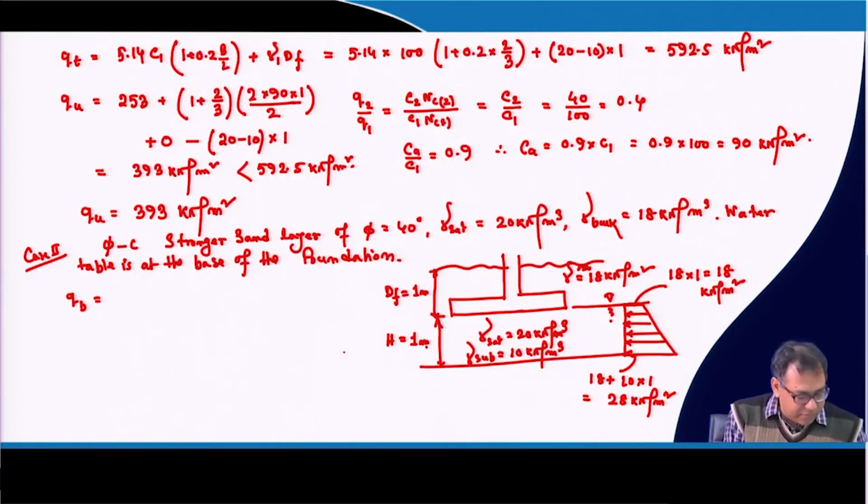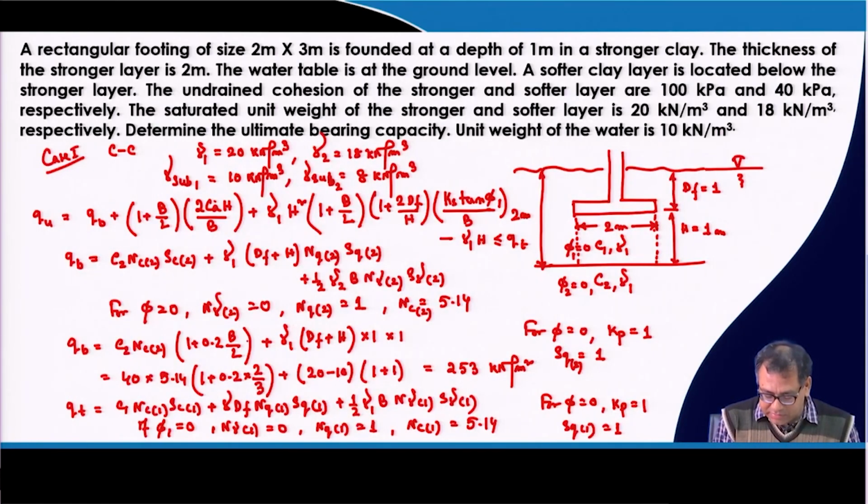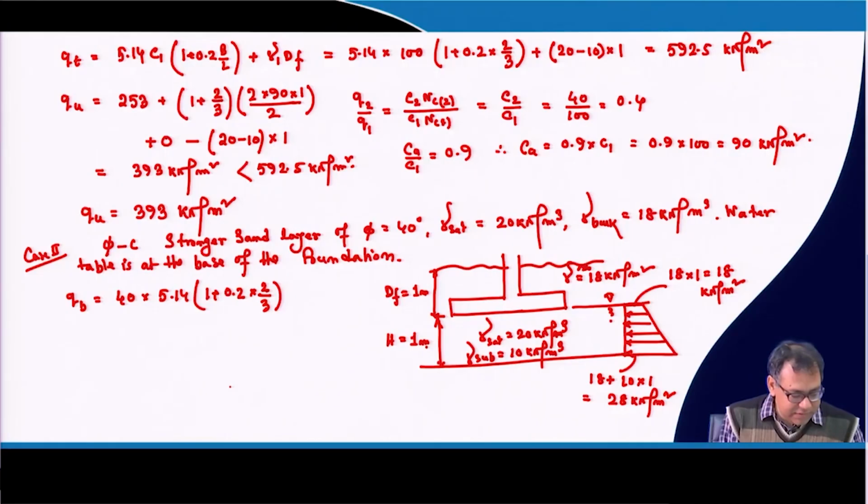So, QB will be 40 into 5.14, 1 plus 0.2 into 2 by 3. Now, the change is there. This portion is same, 40, 5.14, 1 plus 0.2, 2 by 3. Now, this portion will slightly change. For the top one, that is gamma into dF, that is 18 into 1, because that is above the water table.